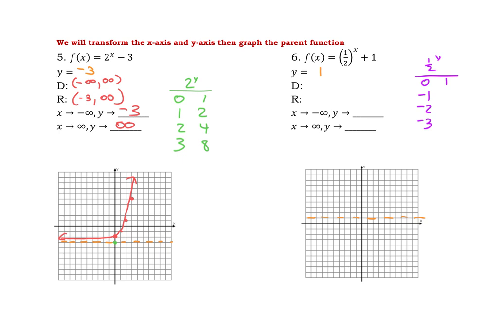So 1/2 to the negative 1 is 2, and that's 4, and that's 8. Notice that the pattern is exactly the same, so you don't need to worry about remembering those numbers. I am using 2s, 3s will change it. So now when I go and graph this, I go 0, 1. Remember, this is where I've shifted everything.